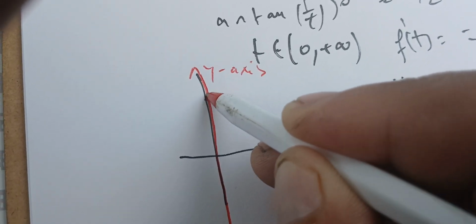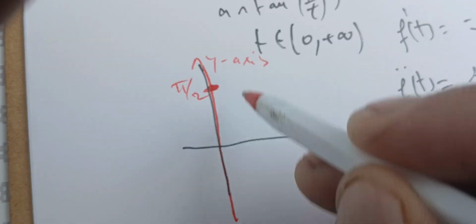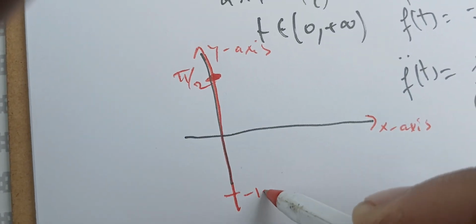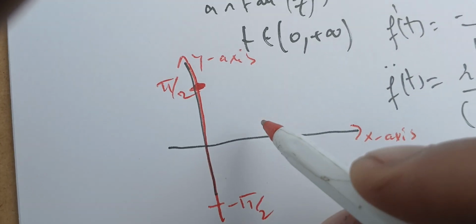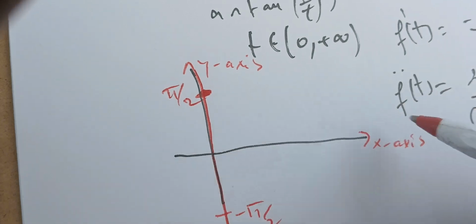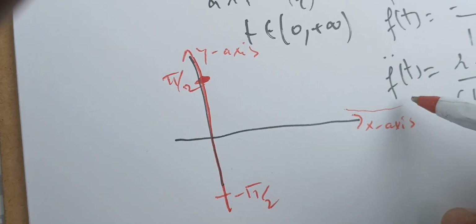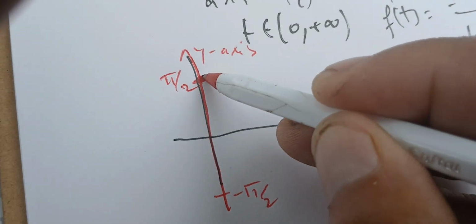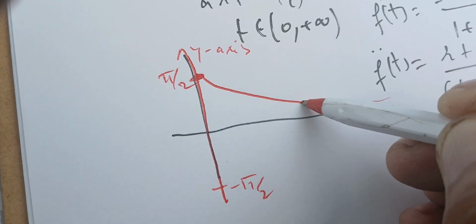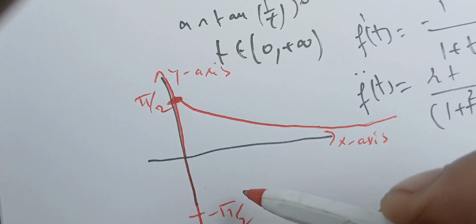I'm going to use an approximate value. Let's say this is pi over 2, and it's symmetric, it's minus pi over 2. Here, it's decreasing and positive. It gets closer to 0 when I get to plus infinity, and it's decreasing with no points of inflection. That means it's like this.